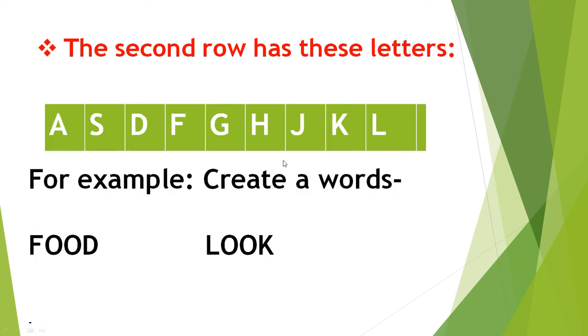Next, the second row has these letters: A, S, D, F, G, H, J, K, L. This is the second row of letters on a keyboard.